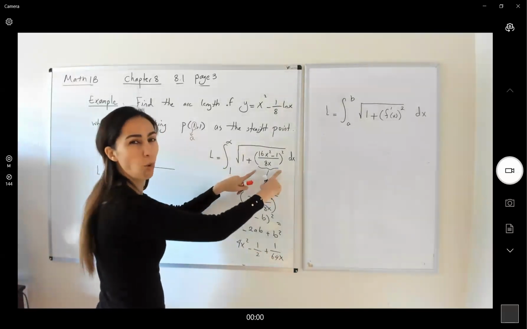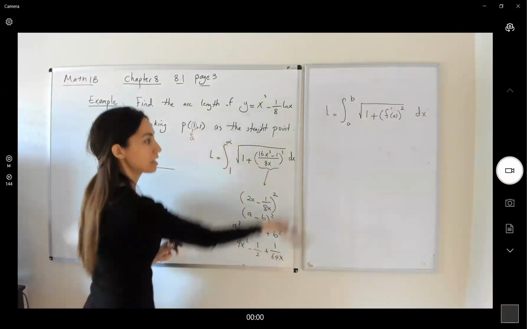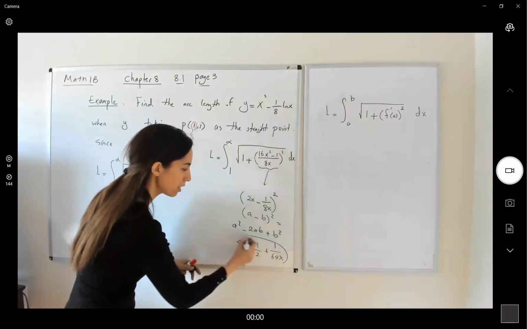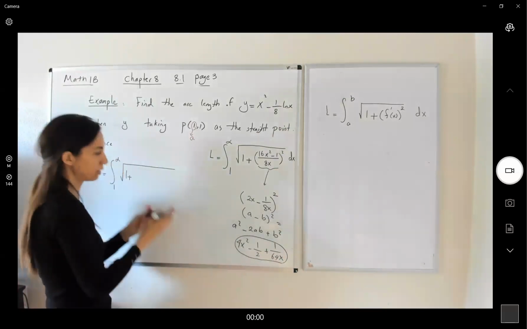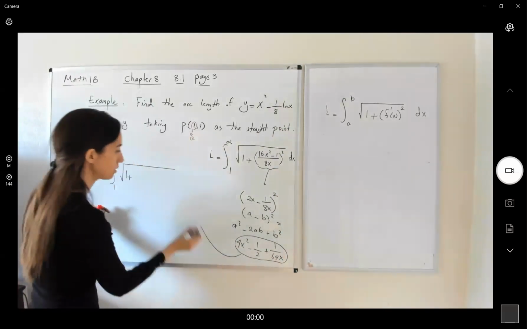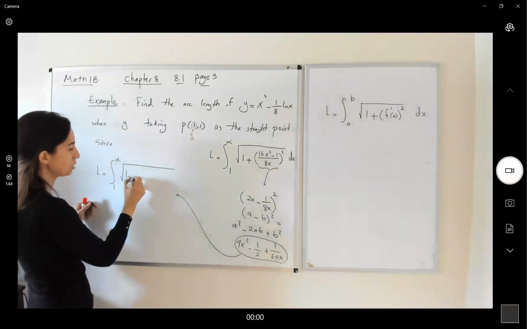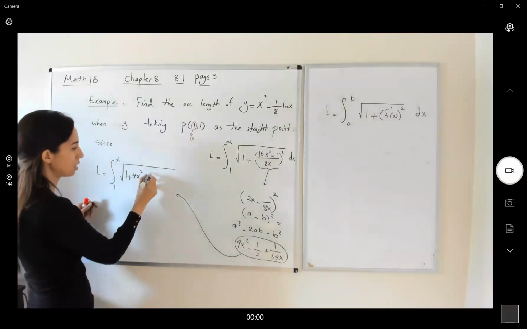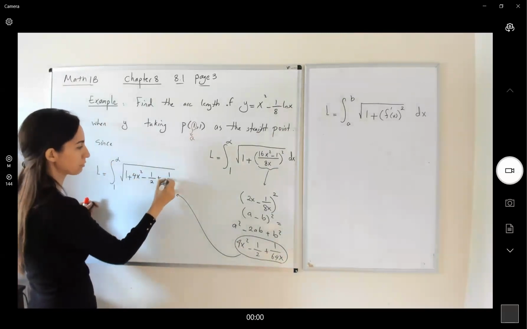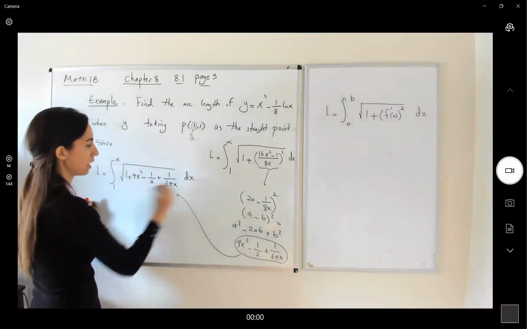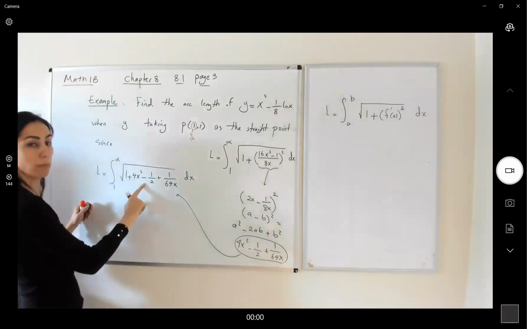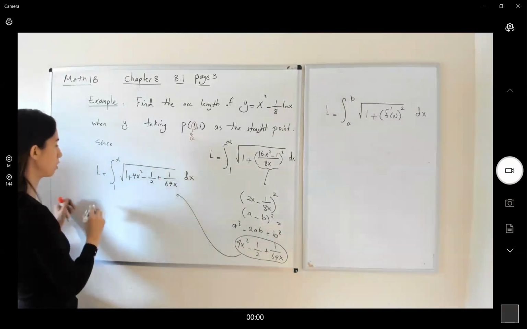So the quantity inside parentheses raised to 2 is this expression here. Let us write this inside the radical: 1 plus 4x squared minus a half plus 1 over 64x squared, dx. 1 minus a half is going to be plus a half.